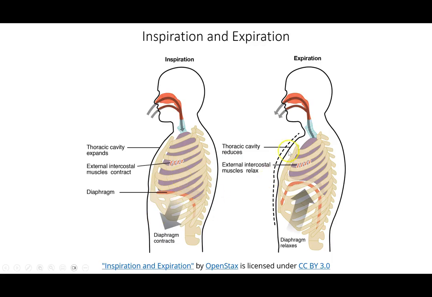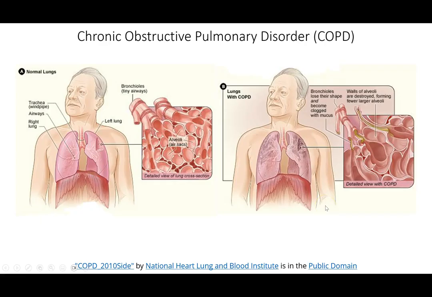And then expiration is going to be a reduction in the thoracic cavity size due to the external intercostal muscles relaxing and the internal intercostal muscles contracting, pulling everything back down together. And the diaphragm is going to relax and go back to that very curved structure.